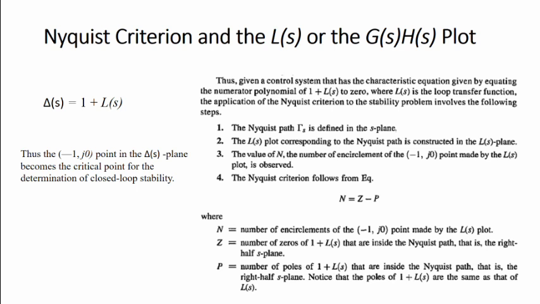The Nyquist plot is nothing but the polar plot of G of S H of S, and p is the number of poles of 1 plus L S that are inside the Nyquist path.